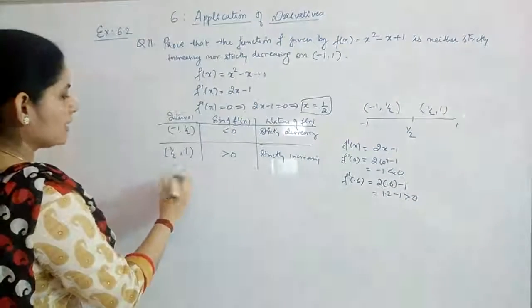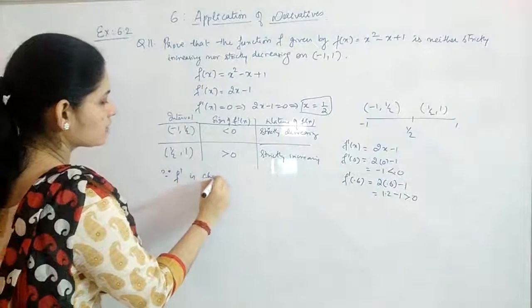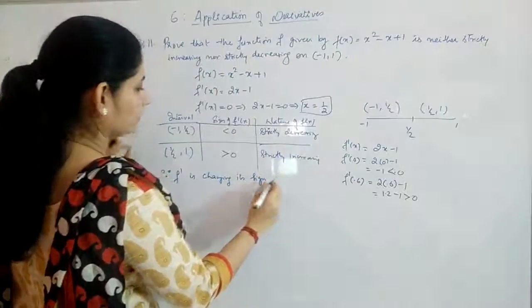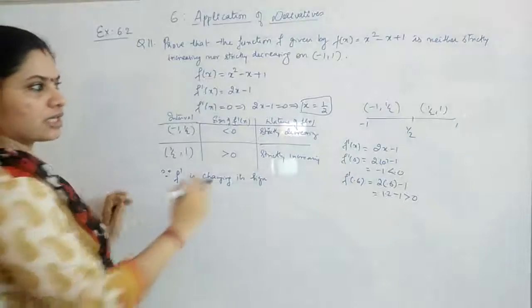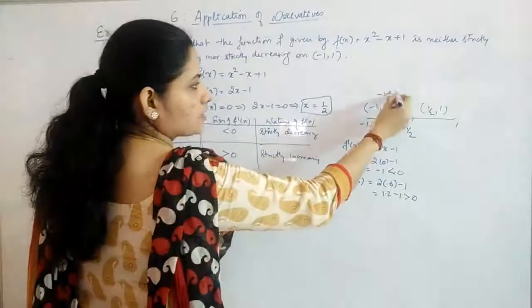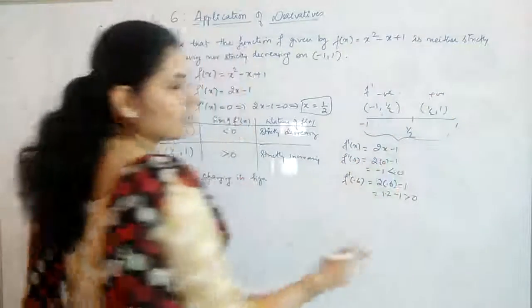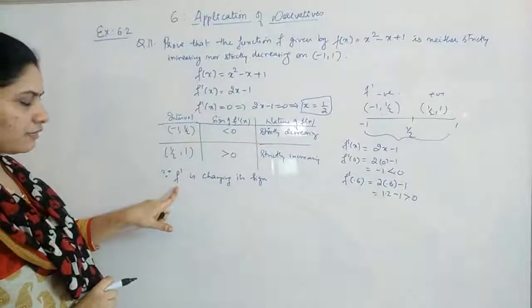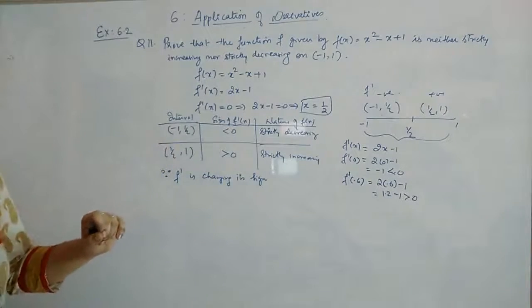That means f dash is changing its sign in this interval itself, right? Here it is giving you a negative value for f dash, and here it is positive. That means in this whole interval, there is a change in the sign of f dash. Therefore, you can say that the function is neither decreasing nor increasing.